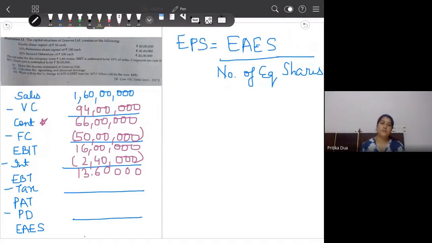Now you can proceed. After that, you are given the tax rate to be 40%. So 13,60,000 will be 5,44,000.